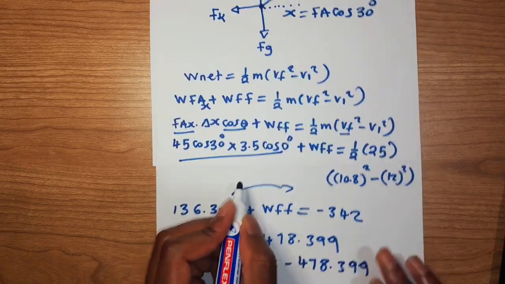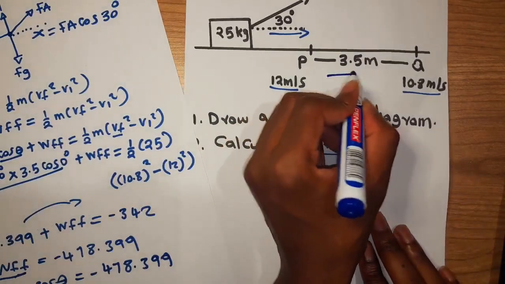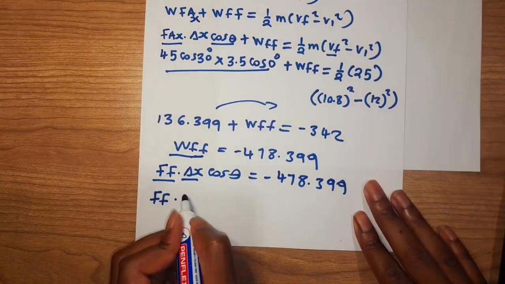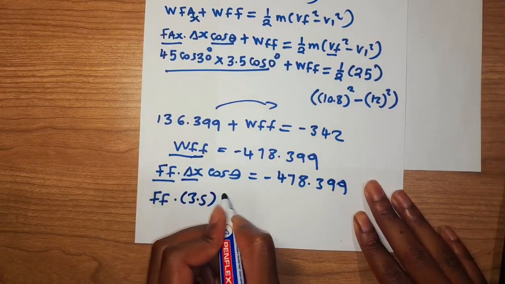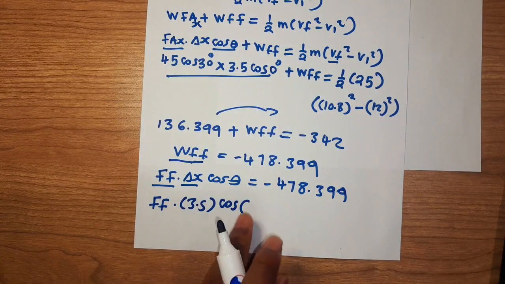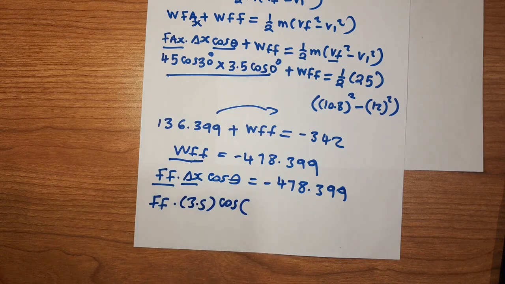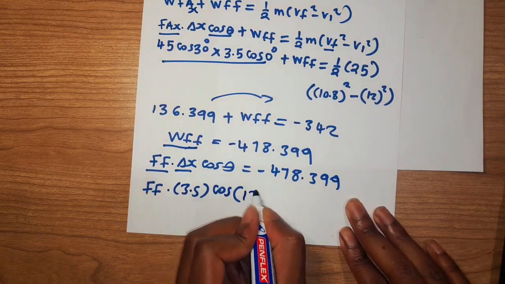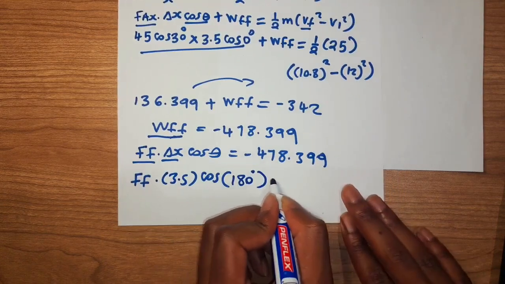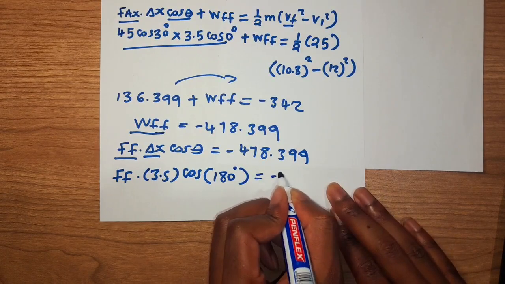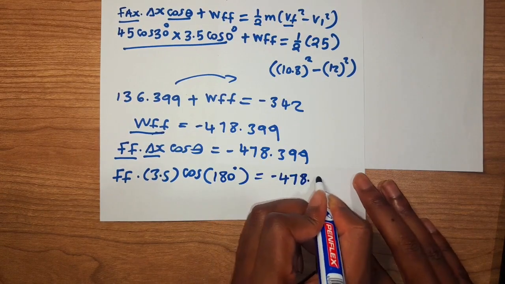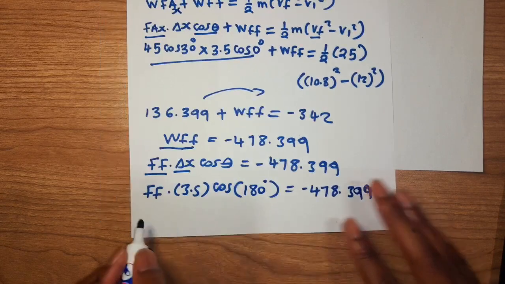So what is my friction? This thing moved a distance of 3.5 meters, so I'm going to have my 3.5. The cos, this thing is actually on the opposite side, as you have seen in the previous video. This is going to be 180 degrees, and this equals to minus 478.399.